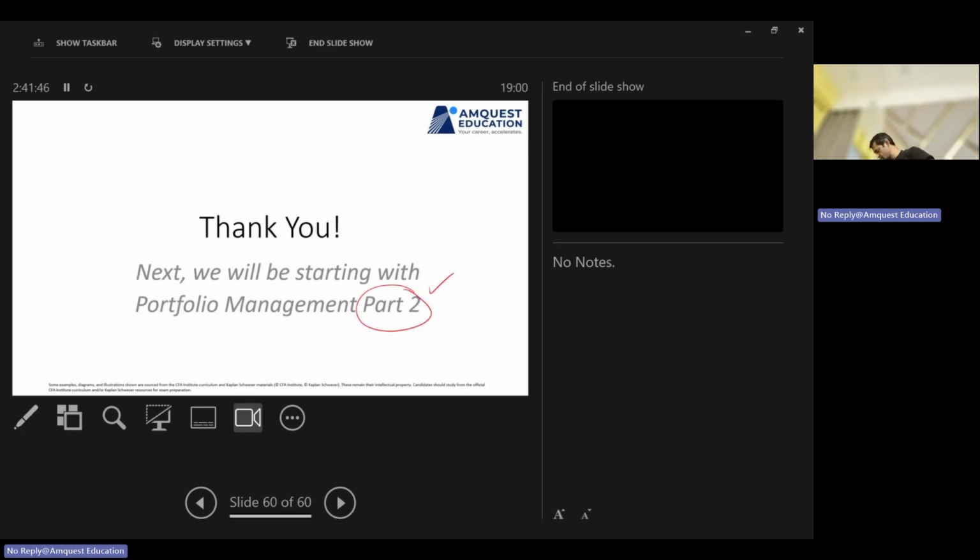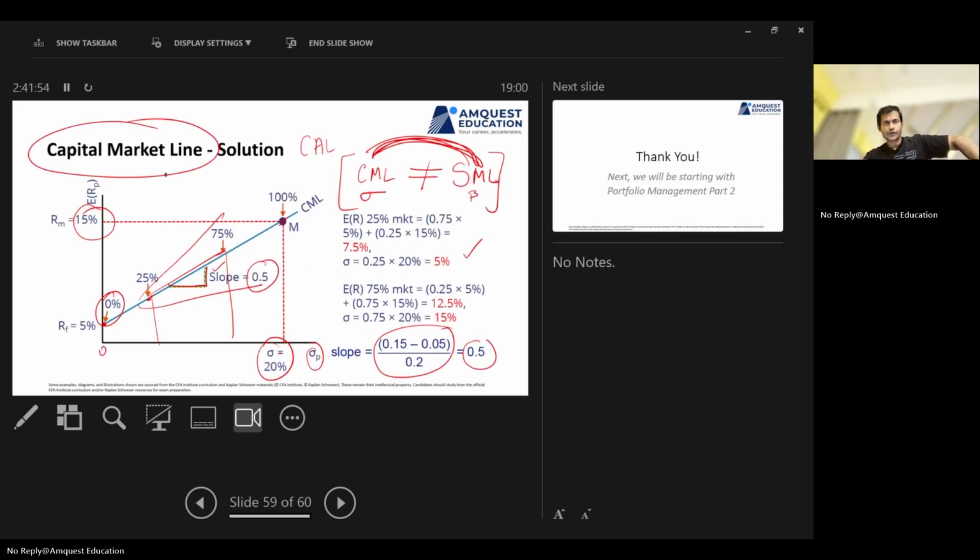Okay, one quick question. For the capital market line, the slope is also the Sharpe ratio, right? Yes, you're right. The slope is the Sharpe ratio because you're looking at the rate of change of return over the risk-free return upon the rate of change of risk.